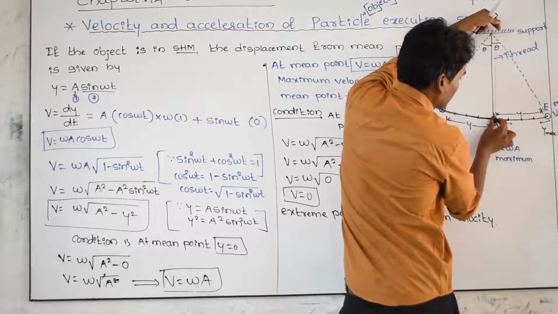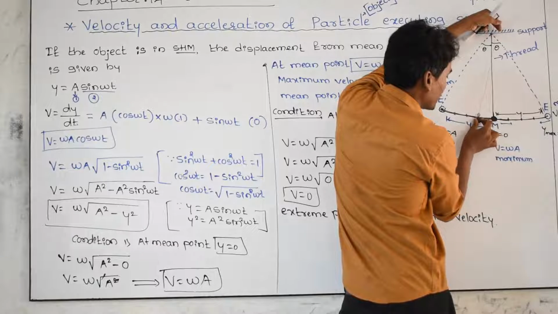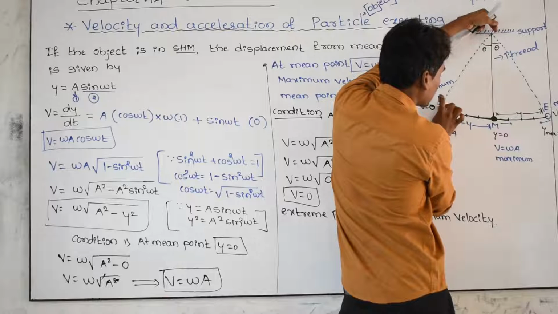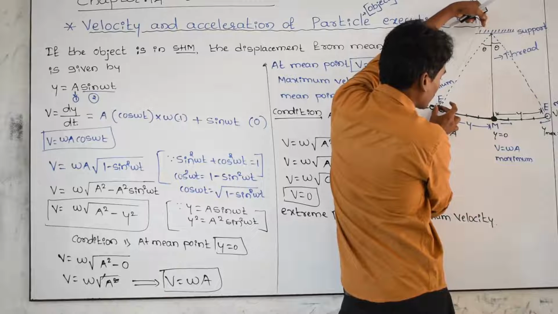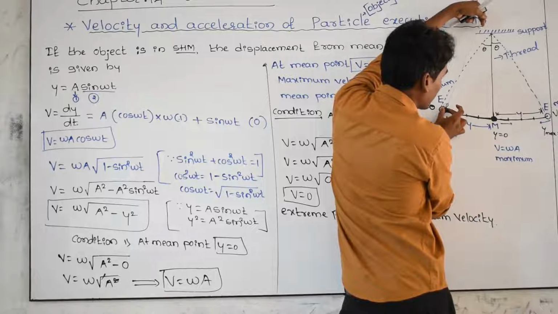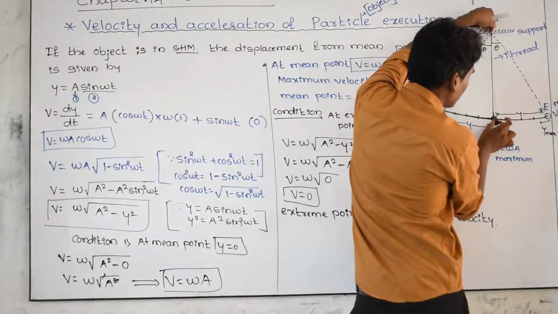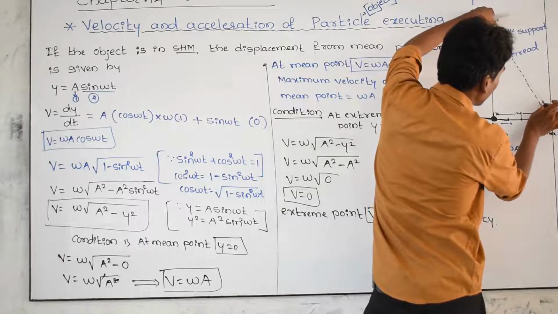Again, once the object crosses the mean point, velocity goes on decreasing and becomes 0 here. Again the restoring force acts in this direction, the body moves towards the mean point, velocity goes on increasing, becomes maximum at this point, then decreases and becomes 0 here.